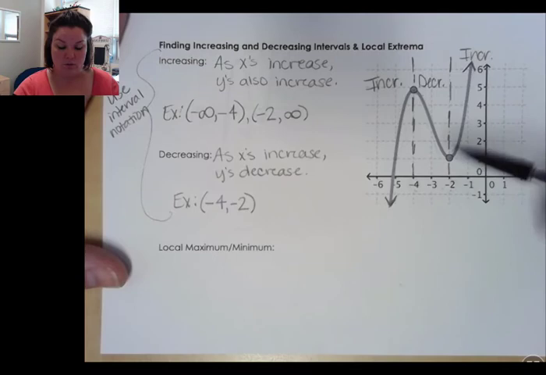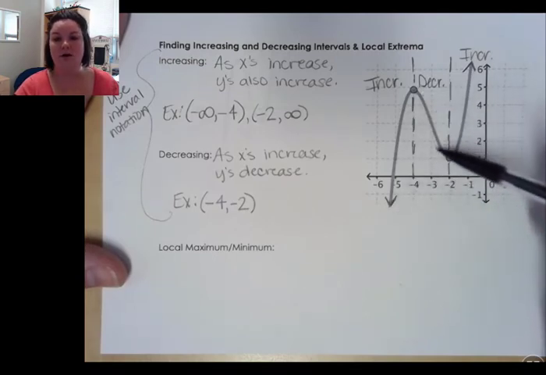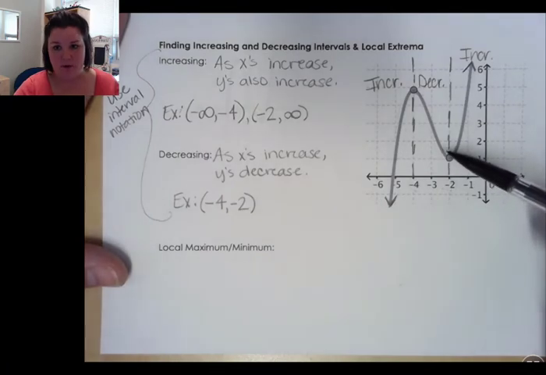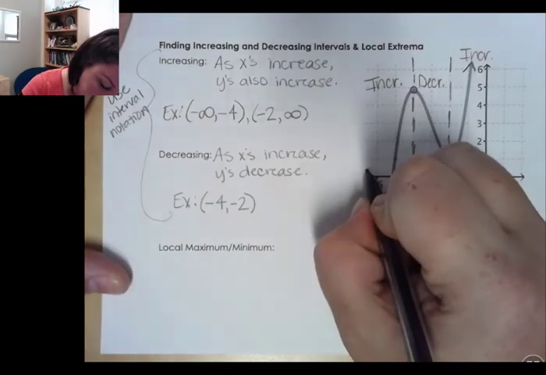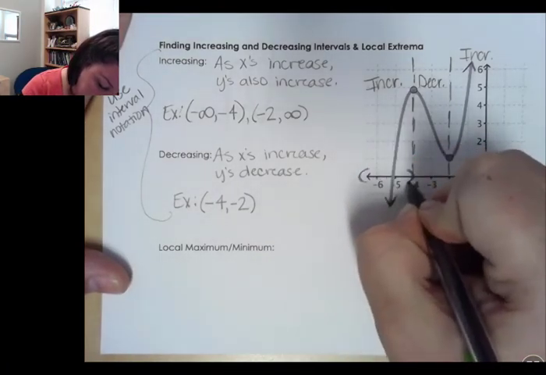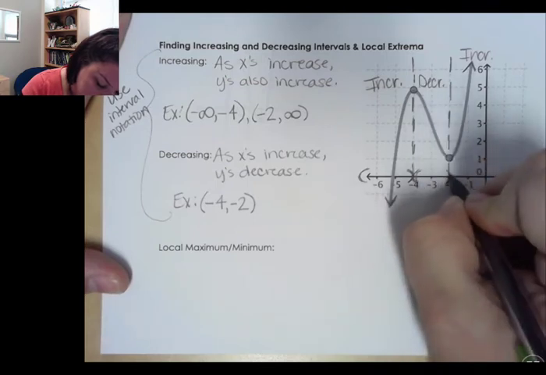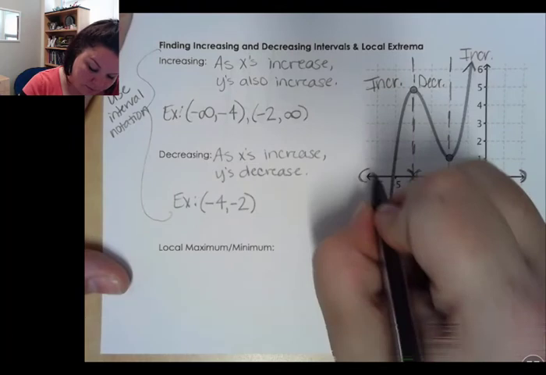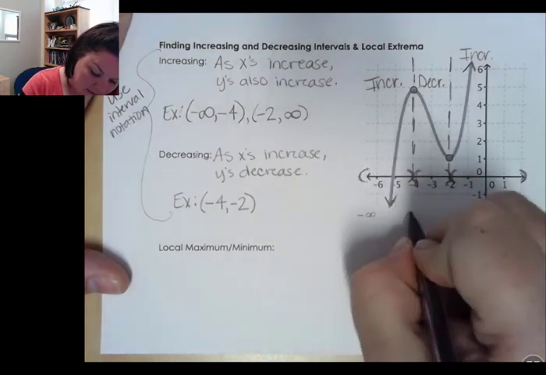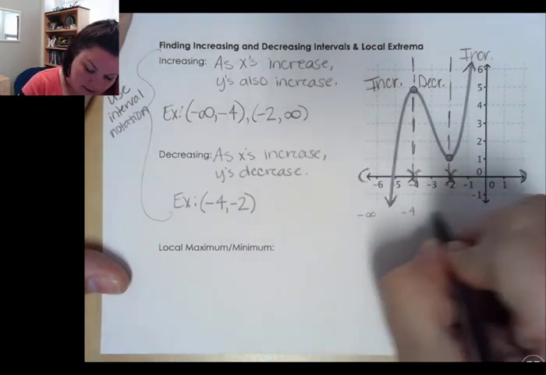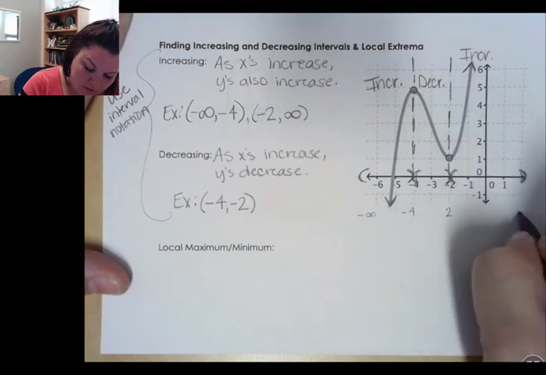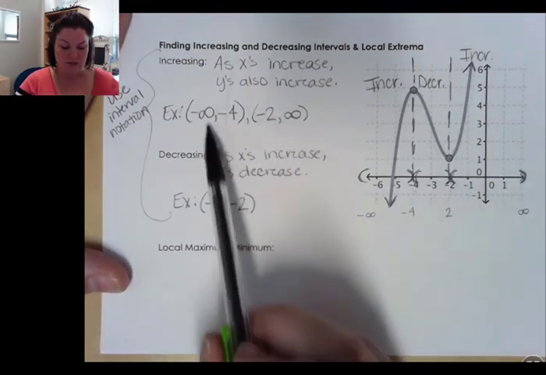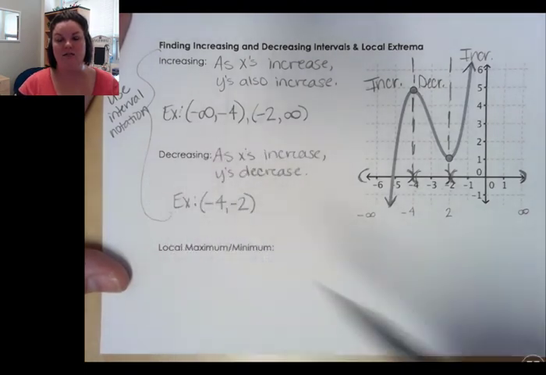Increasing, decreasing: we're just tracing our finger, tracing with our pencil, to see if our line's going up or going down. But we write those intervals in terms of the x's, not the y's. So we have the interval from negative infinity to -4, -4 to -2, -2 to infinity. Those are the intervals that we're using to identify increasing or decreasing.